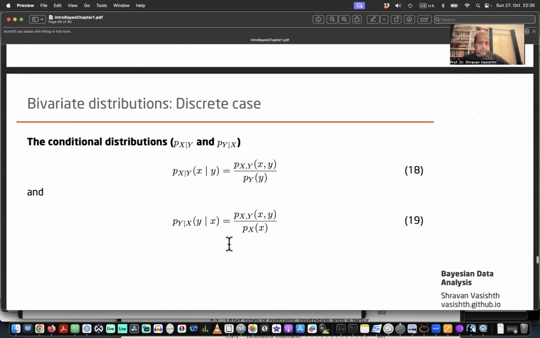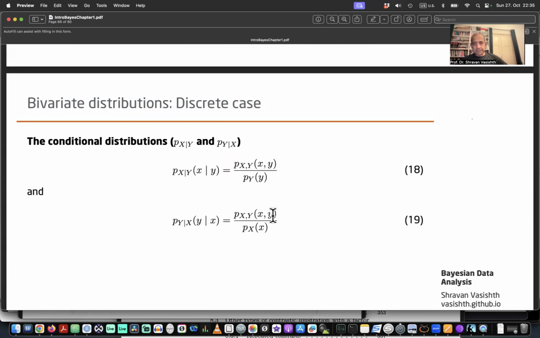All right, so the conditional distributions, that's the second thing you can get out of a joint probability mass function. You can get the conditional distribution of x given y, or the conditional distribution of y given x, right? Now, hopefully you remember the definition of conditional distribution from the lecture notes, right?